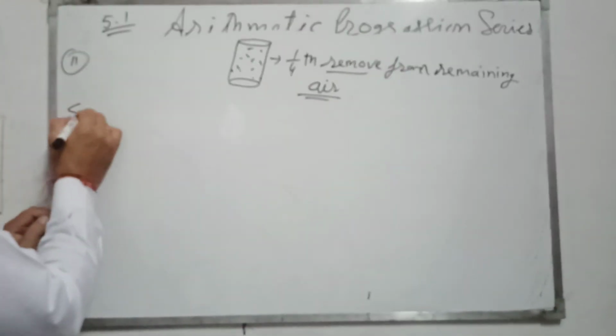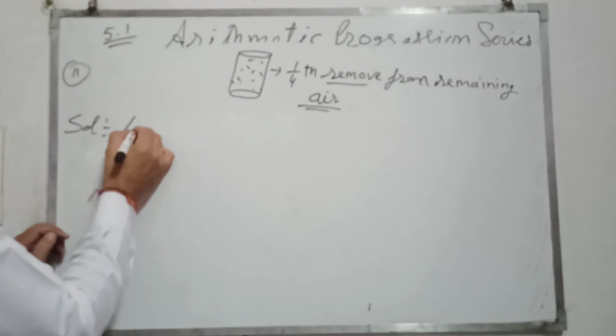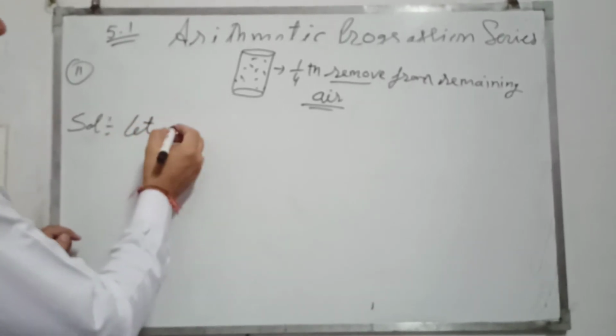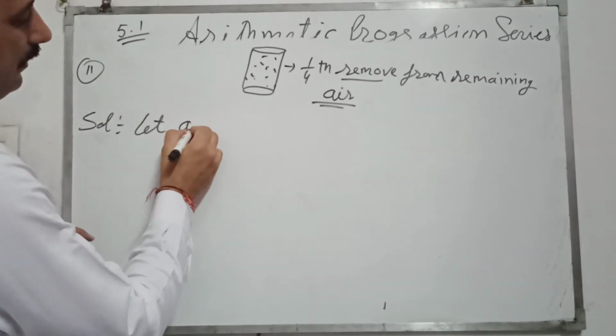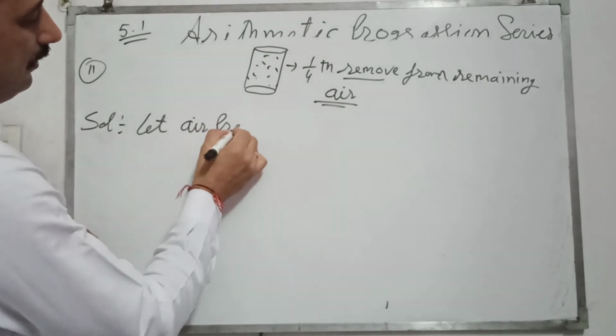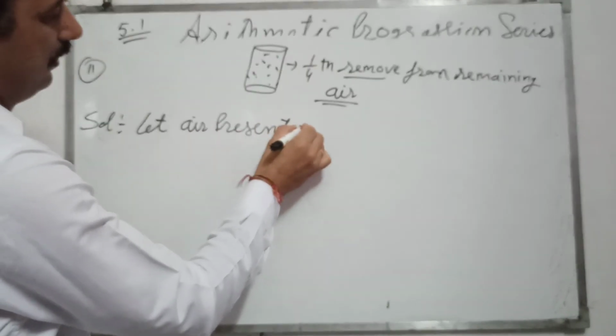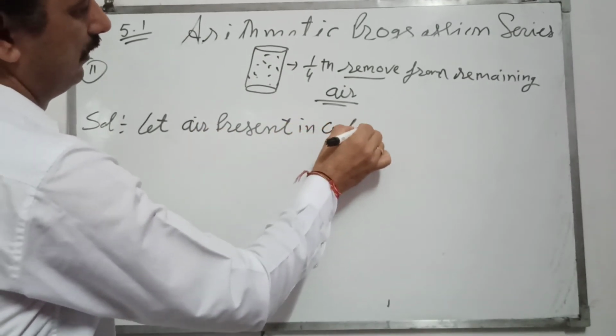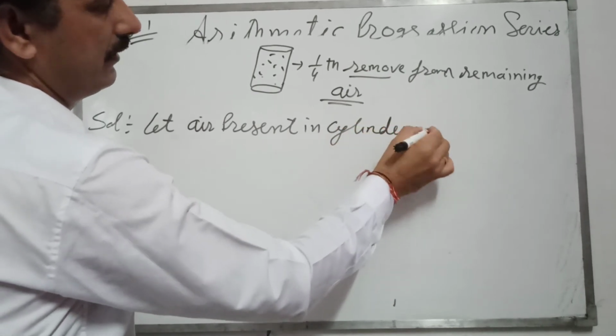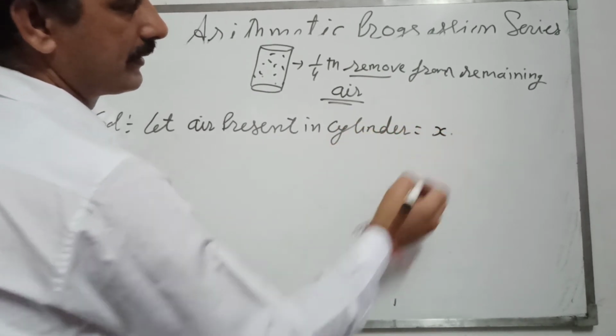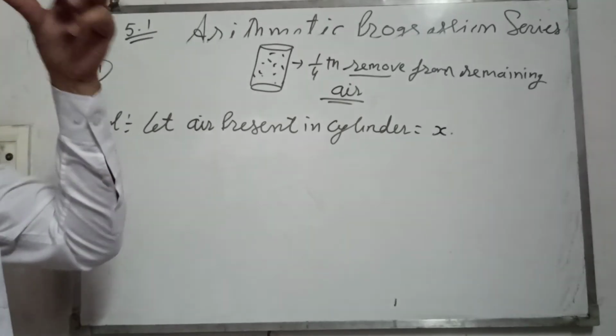So look at the solution. Let the air present in the cylinder be X. So it becomes A1.